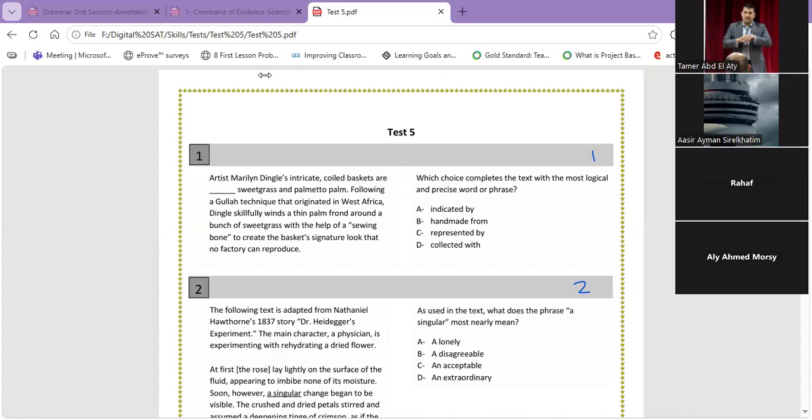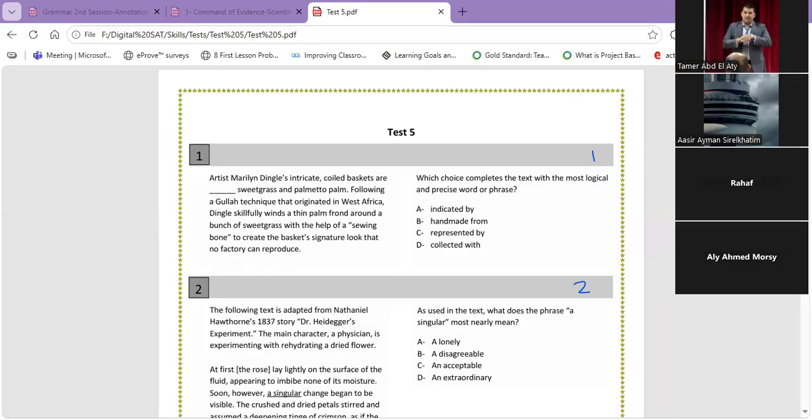Yasin Ahmed, waiting for your answer for number 1. Okay, all of you got it right also.